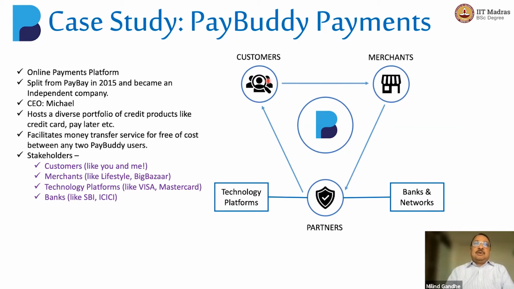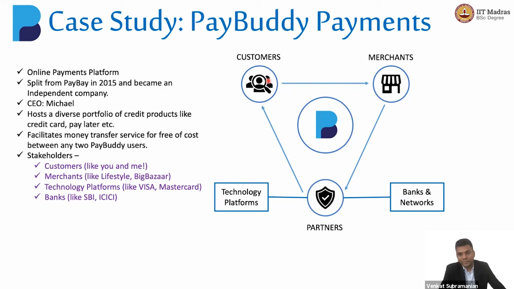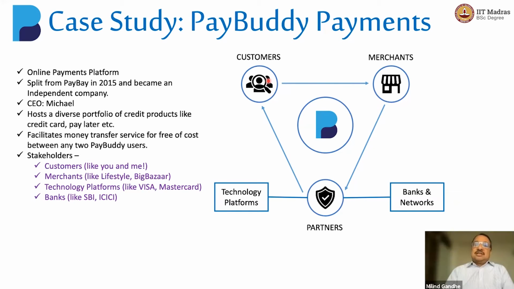Now I have paid 10,000 rupees to Amazon. Let us say I use my HDFC credit card through PayBuddy. So I am promising to pay 10,000 rupees to HDFC.